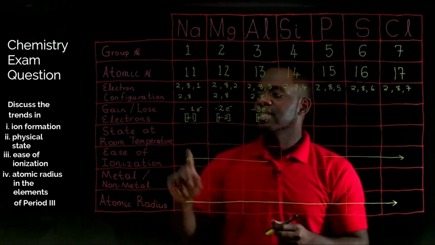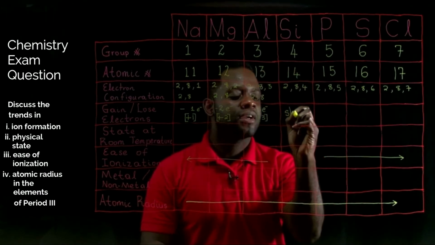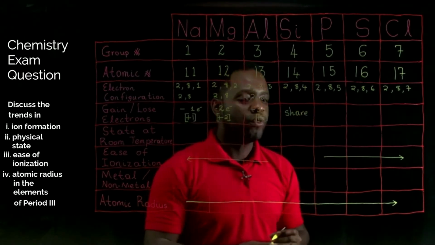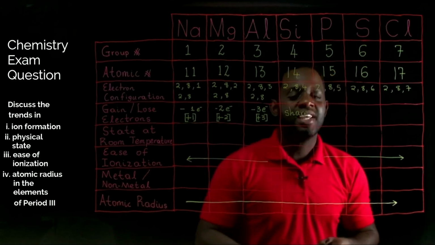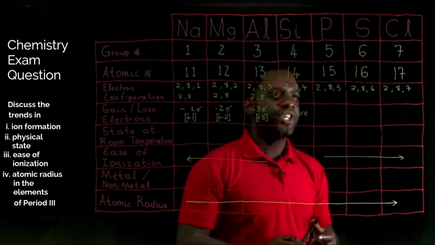Silicon will neither lose or gain electrons, rather it will share electron pairs in covalent bonds when it is trying to obtain a stable electronic configuration or a full outer shell.